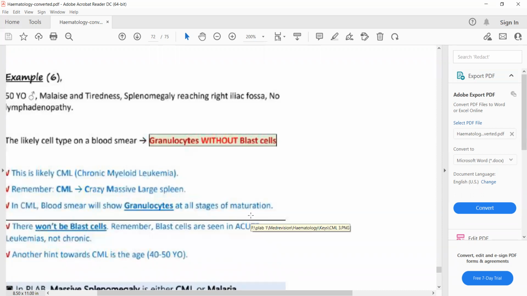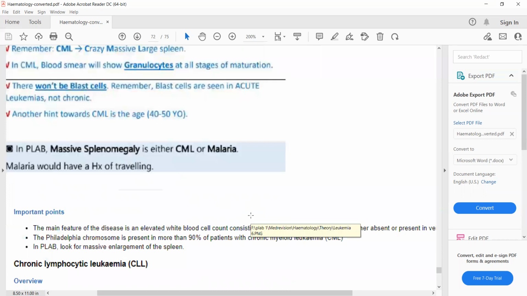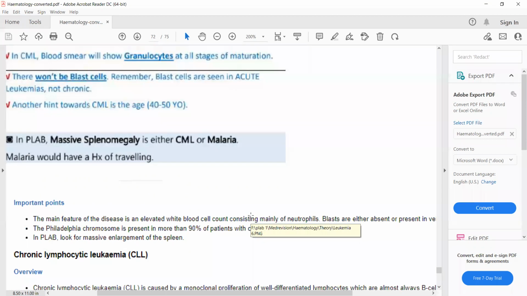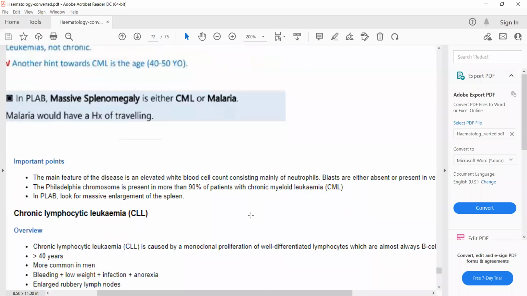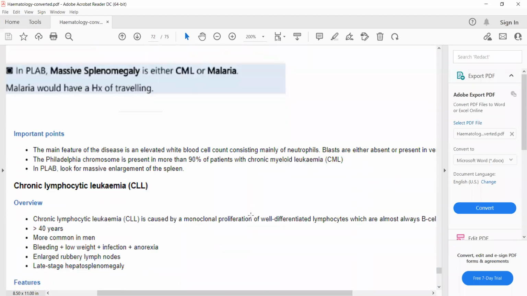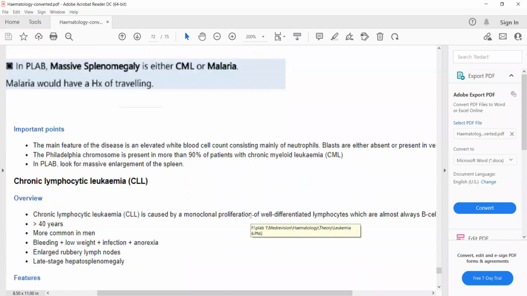Massive splenomegaly is either CML or malaria in PLAB, and malaria would have a history of traveling. So in short, high WBC count with granulocytes on peripheral smear without blast cells, or high WBC count with massive splenomegaly is CML always.